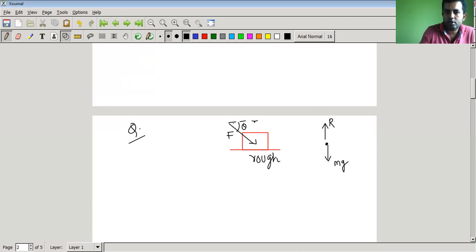If you resolve this force, then you will find F cos theta will act in this direction, and this component will be F sin theta, which will act in this direction. And since the surface is rough, we can say that friction will act in this direction.